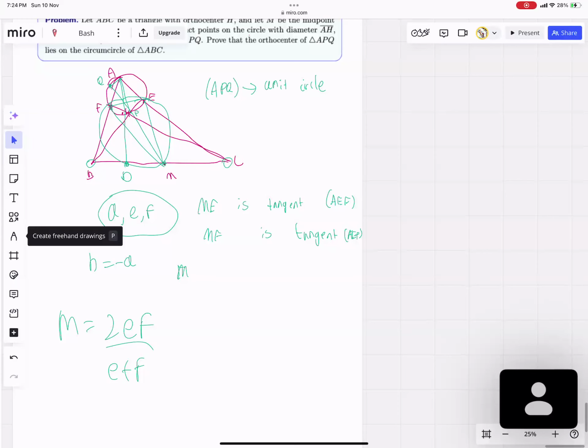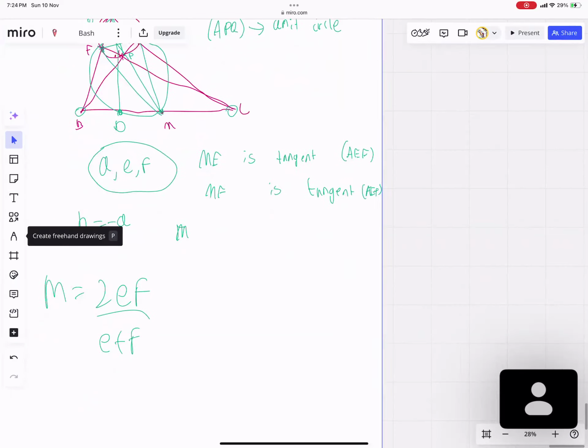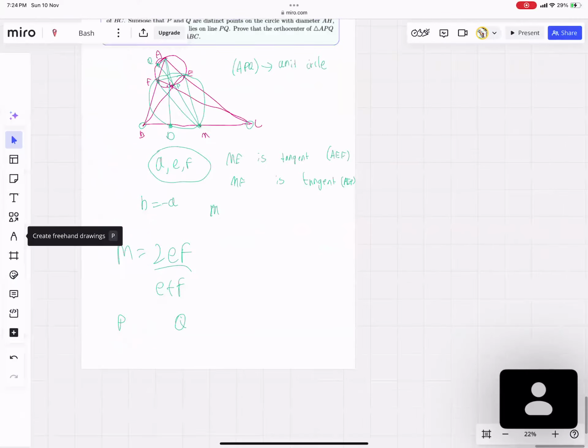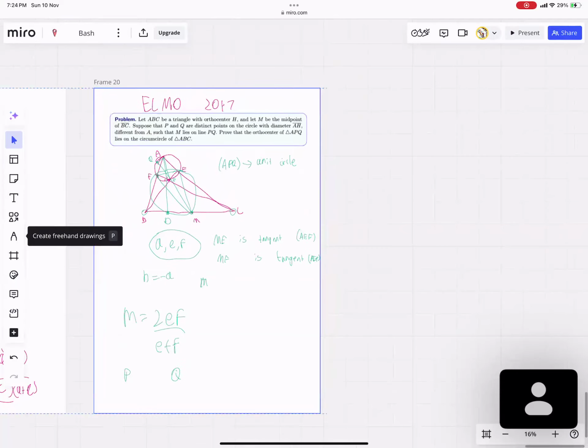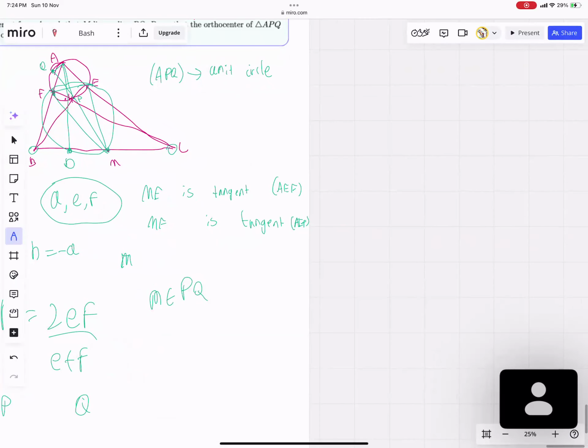So now we can eliminate B and C since they don't matter to us. Now we just want to deal with P and Q. What do we know about P and Q? We know that M lies on PQ. What can we say further? We can see that M plus PQ times the conjugate of M is equal to P plus Q, right?